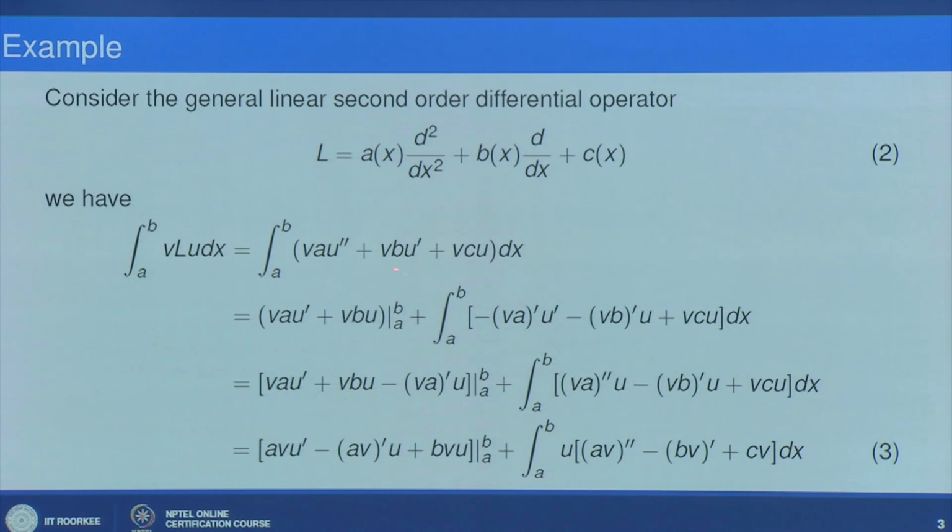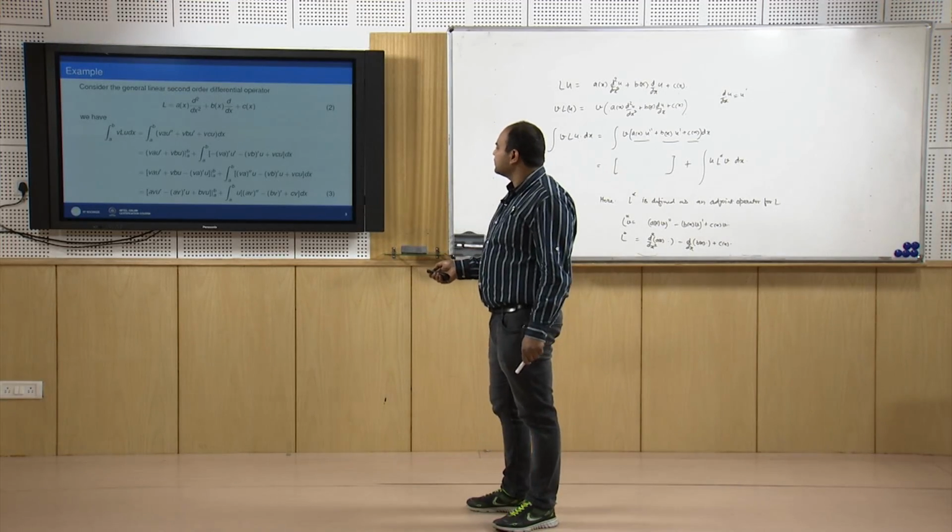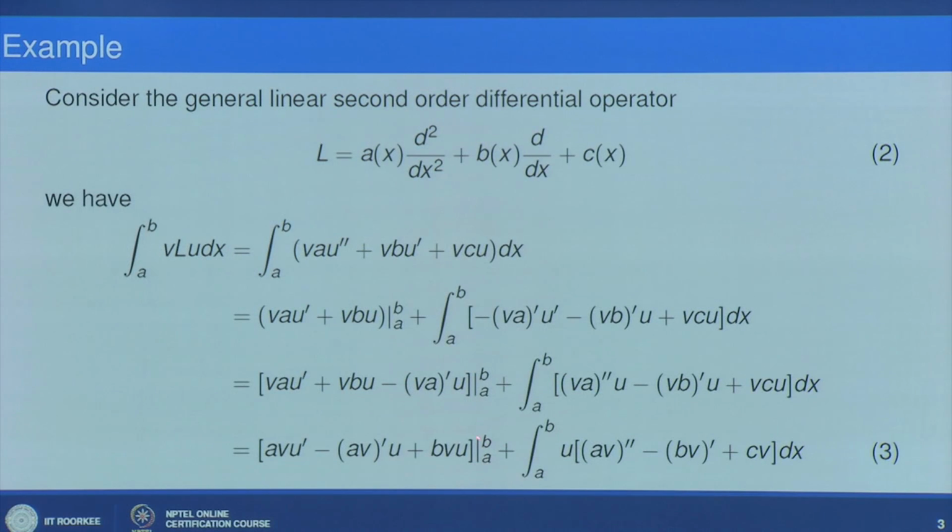Integrating by parts on v b u dash gives v b u minus the integral of (v b) dash u. After this calculation we get the boundary terms evaluated from a to b, plus an integral.